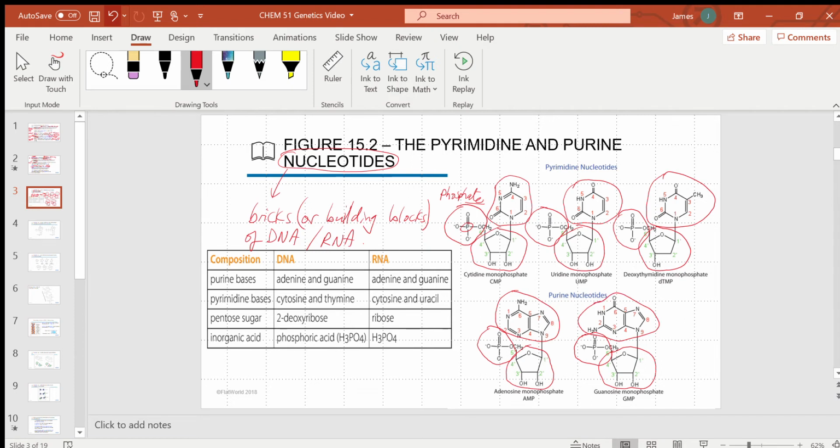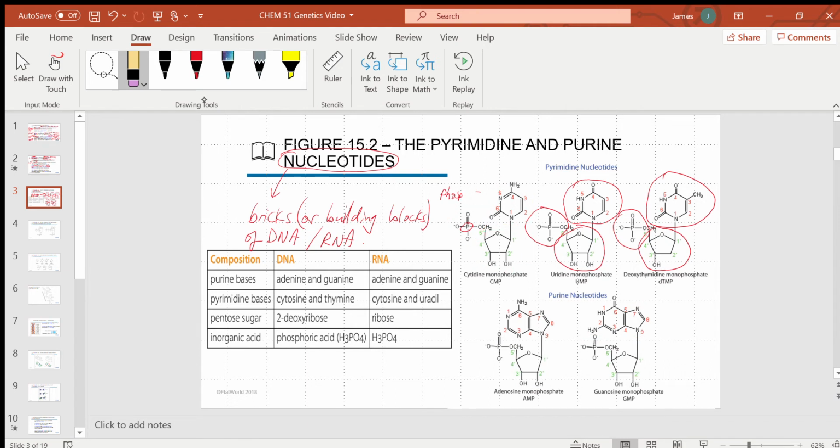Okay, so lots of information there. Let's clear up the slide a wee bit now that we've pointed all of that out. Let's tidy things up a bit.